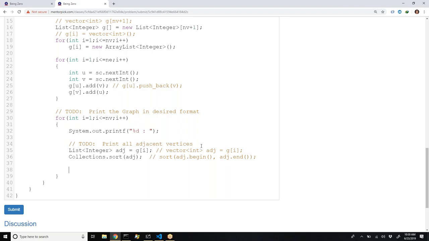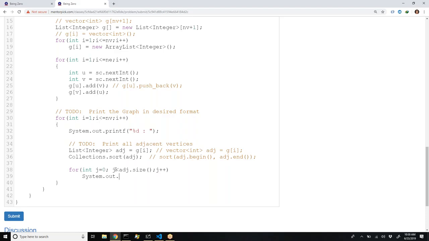So how do I print this list now? For j is equal to 0. We have a list, but this list we want to print, right? j less than adj.size, j plus plus.